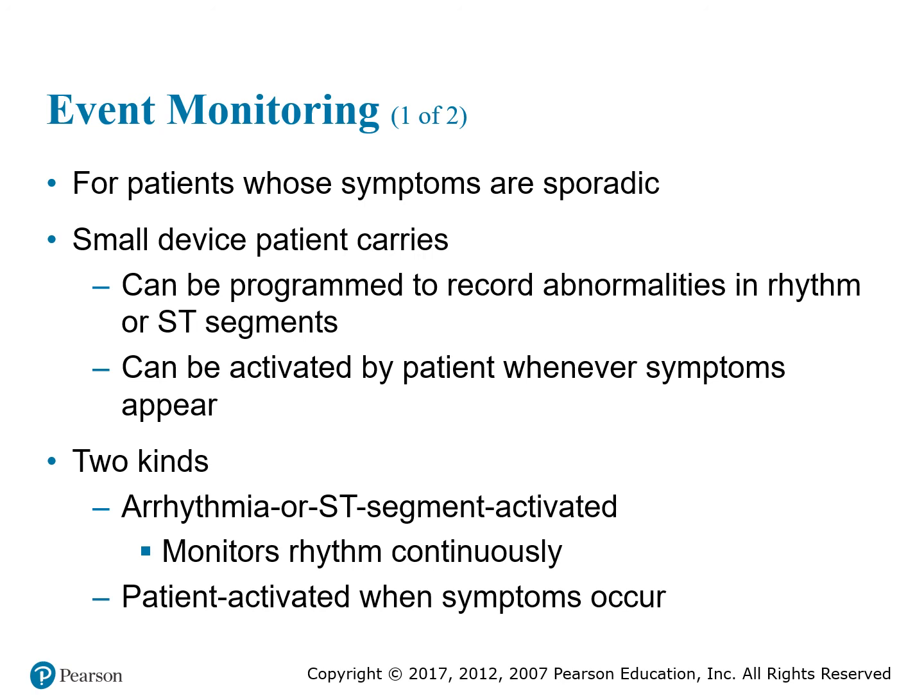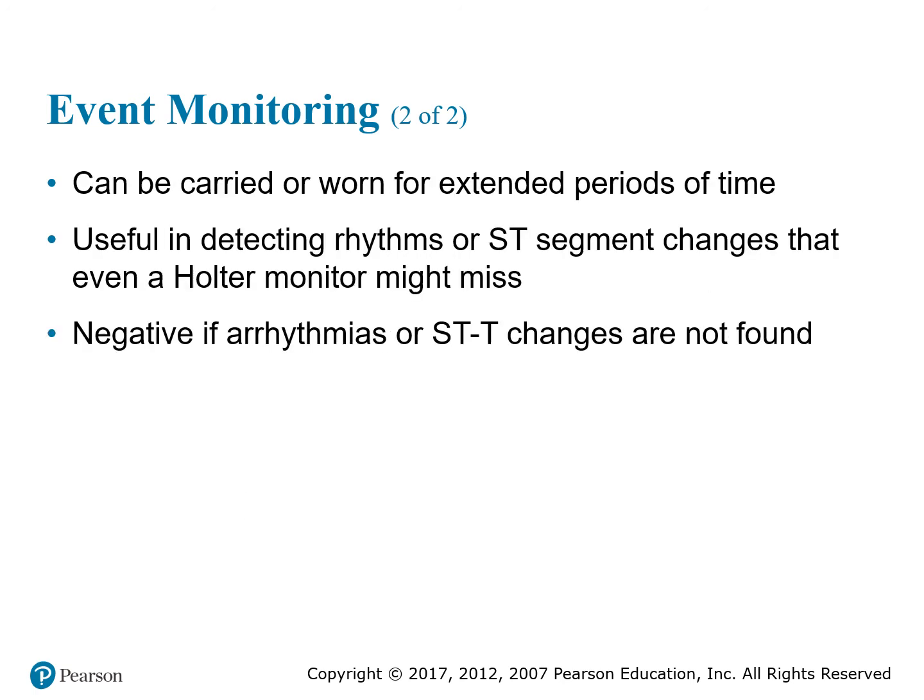If they feel a symptom coming on, they'll press a button and it'll start recording during that time they're having that discomfort. There are two kinds. You have arrhythmia or ST segment activated monitors, which monitor continuously all throughout. And then you have the patient activated. When the symptoms occur, they'll press a button and it'll record during that time that they're having that symptom.